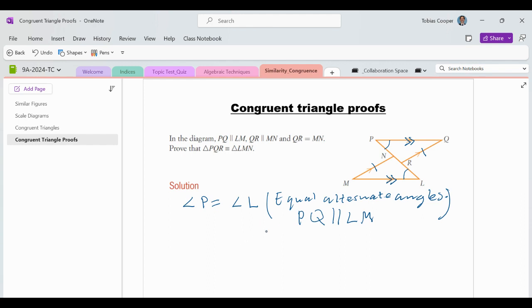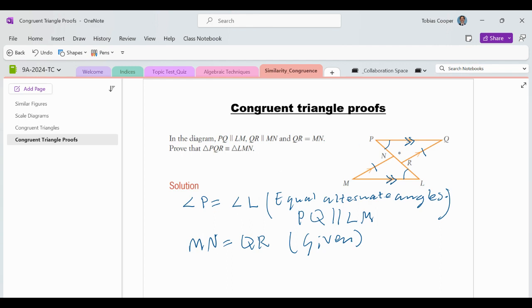The next thing we might say, a nice easy one, is we're given that MN is equal to QR. Right, so that is given to us. So the reason that we put is given. So you have to put a reason for each step in these proofs.